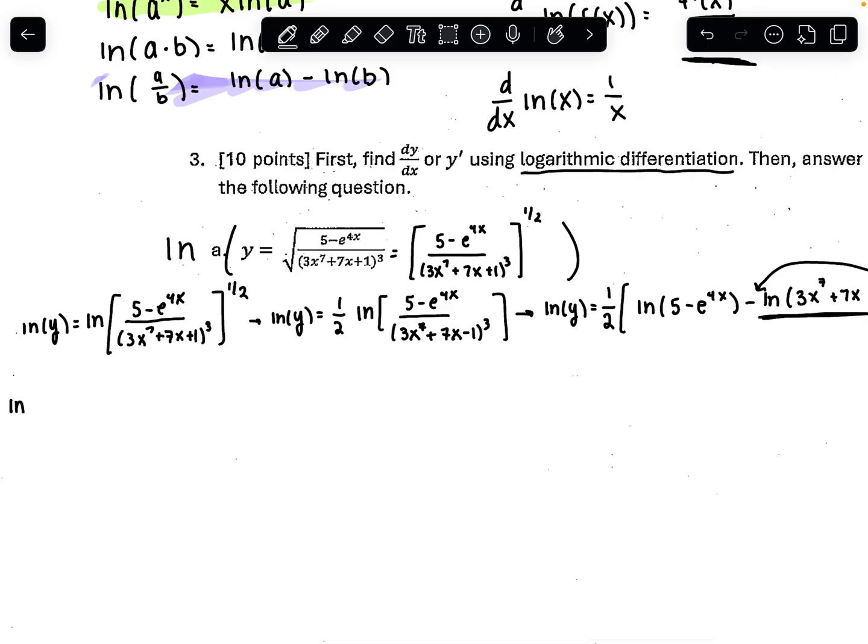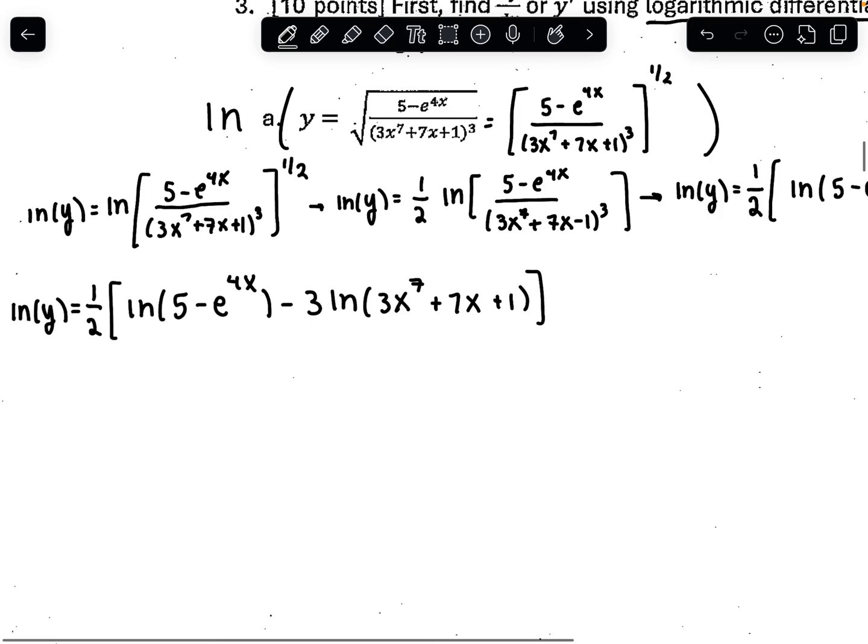So now we're working with ln of y is 1/2 times ln of 5 minus e to the 4x, minus 3 ln of 3x to the 7 plus 7x plus 1. It looks like we can't go any further here. Once we've exhausted all of our log rules, we are ready to take a derivative.